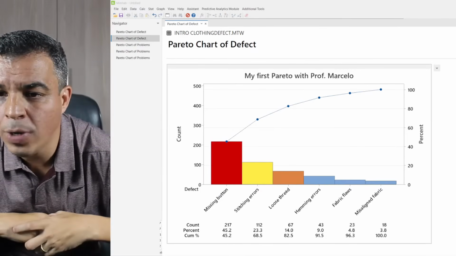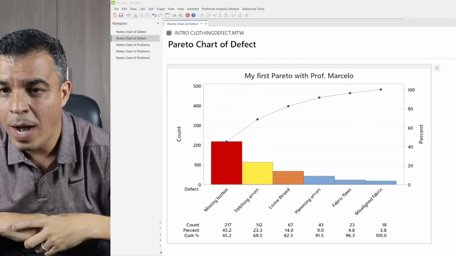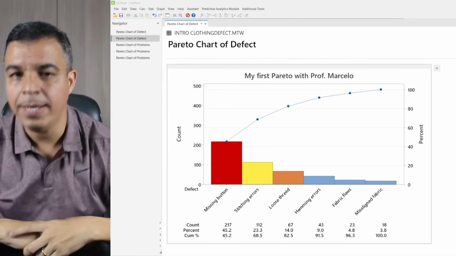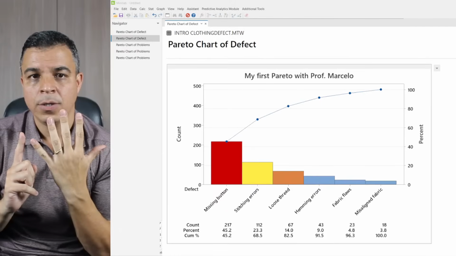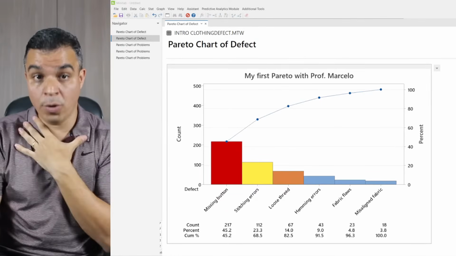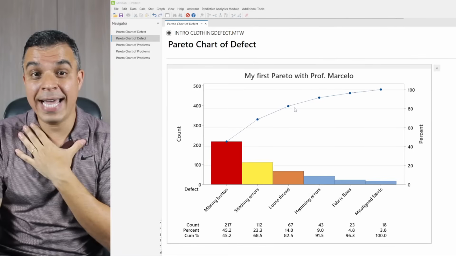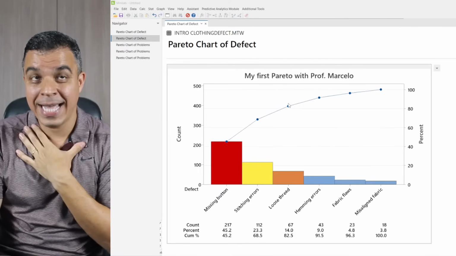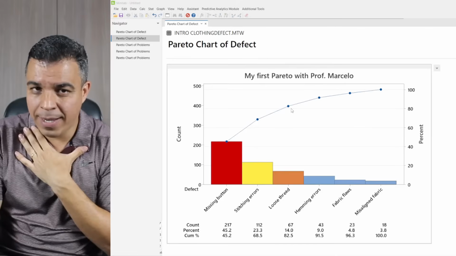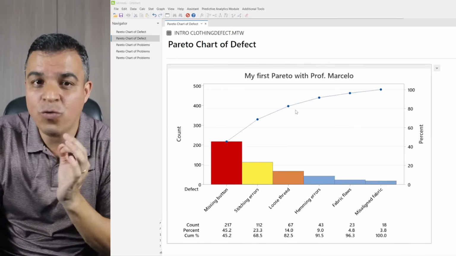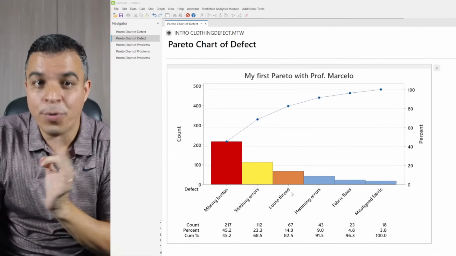Bravo. We have 6 defects. So, in order for us to reach 80%, in fact 82.5%, 82.5% of the defects are concentrated in 1, 2, 3.